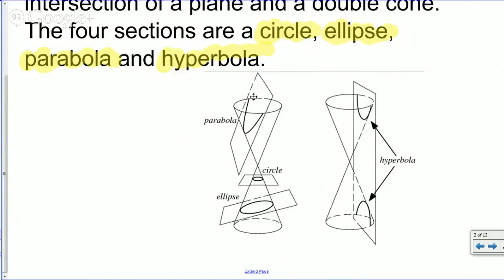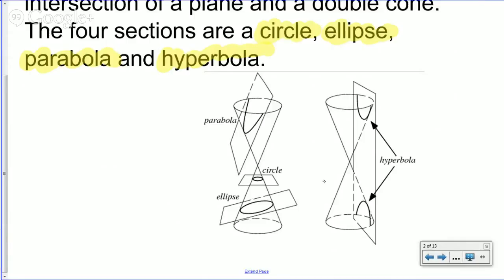So if I take a plane and just slice it right there, I will end up with a parabola, and these are empty, so they're not full of anything. If I go straight across here, I've got a circle, and if I go at a diagonal but not going out the bottom, an ellipse, and straight up and down would be a hyperbola.